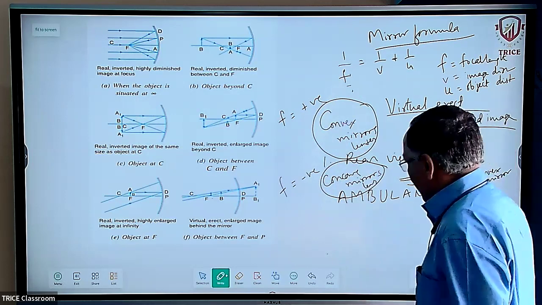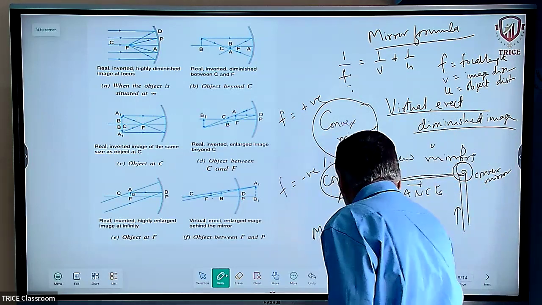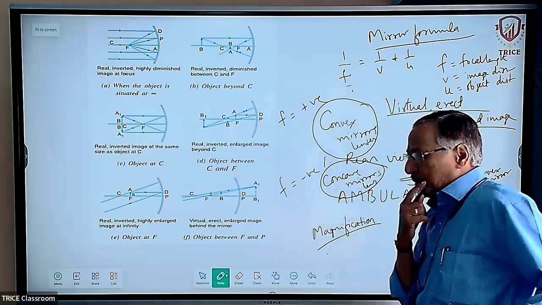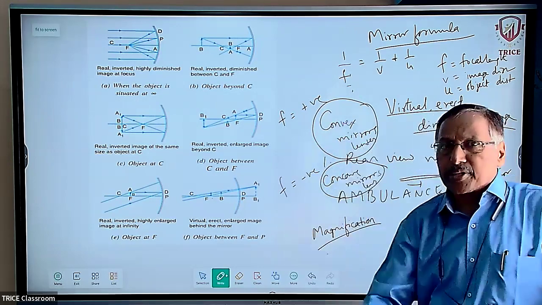Right? And secondly, magnification. What do you mean by magnification? What is the size of the image? Is it bigger than the object? Is it smaller than the object?